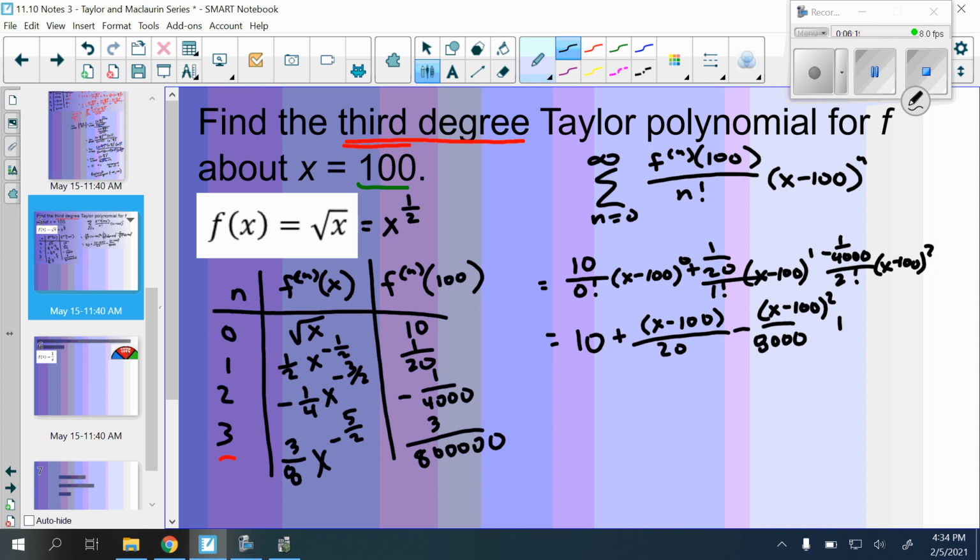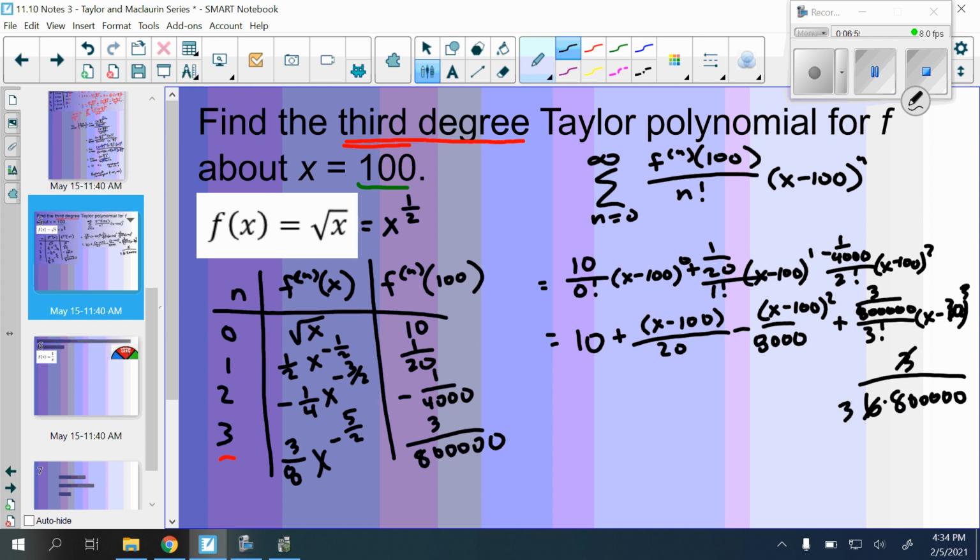All right, our last one back to plus here, and this one we got 3 over 800,000 over 3 factorial, x minus 100 to the third power. So simplifying that one, 3 factorial is 6. So if we multiply by the reciprocal here, that would end up being 6 times 800,000 over 3. 3 would go in here 3 times.